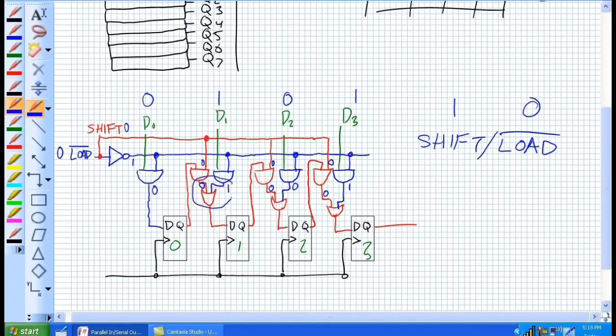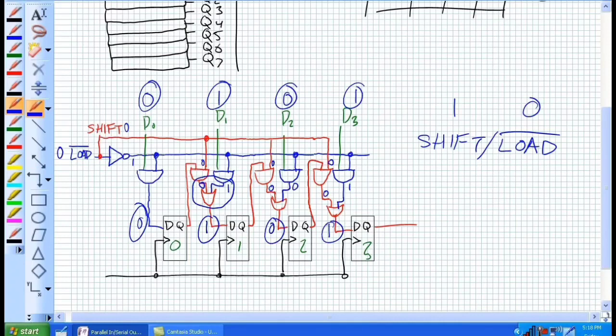So from the perspective of this OR, 1 OR 0, a 1. 0 OR 0, a 0. 1 OR 0, a 1. We've already done this analysis, that's a 0. So what have we done? We've loaded 0, 1, 0, 1.